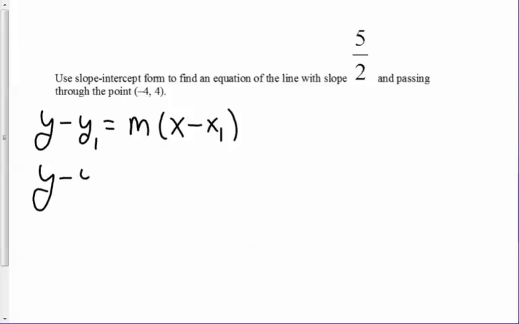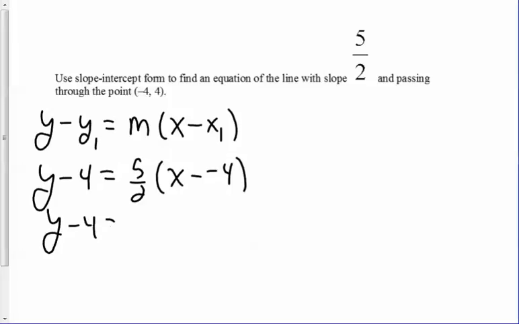y minus 4 equals 5 over 2 times x minus negative 4. So now I have y minus 4 equals 5 over 2 times x plus 4. Now I have to eventually get this into slope-intercept form. So I'm going to distribute that 5 halves.